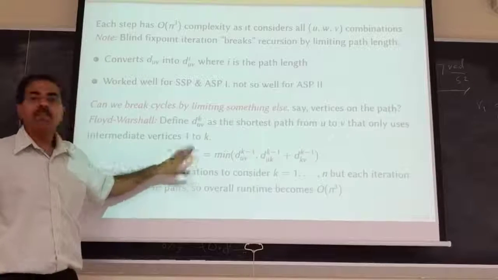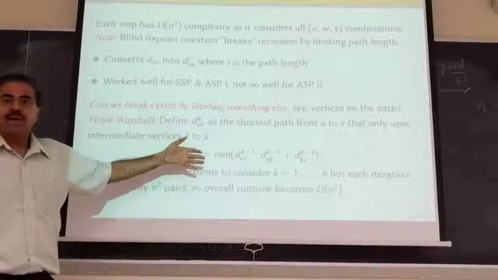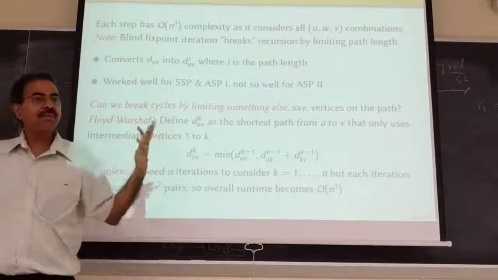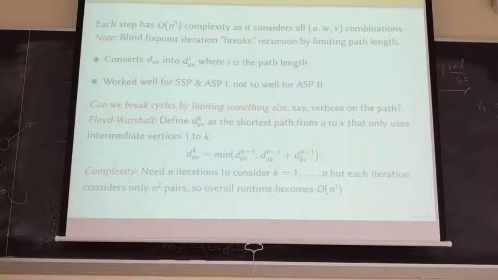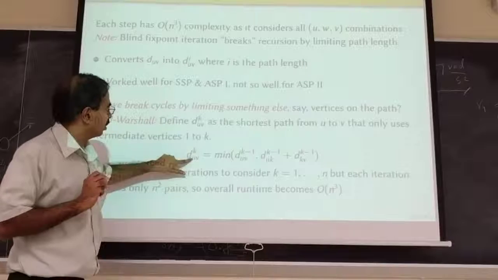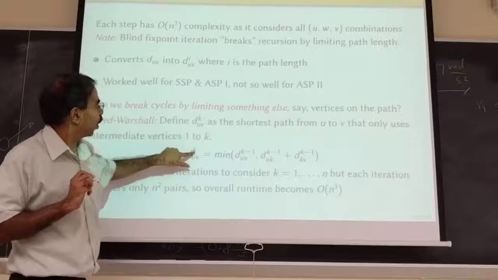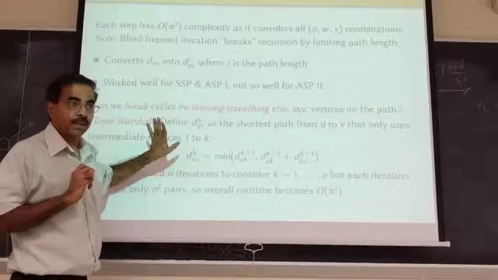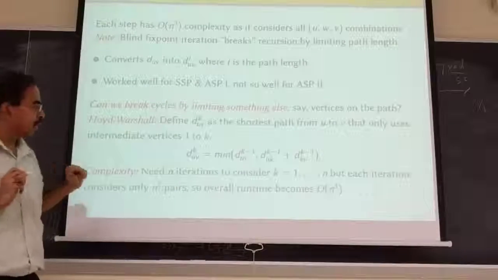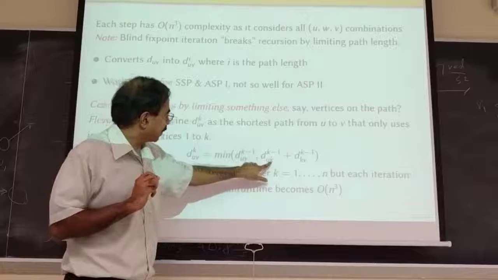But in the path going to n, you have some quantity, right? We don't know exactly what it means, but it is something that helps you compute the final solution. So you have to do this equation n times as k goes from 1 through n, right? So you have to do this computation n times, but each time you need to only consider a particular k, right?